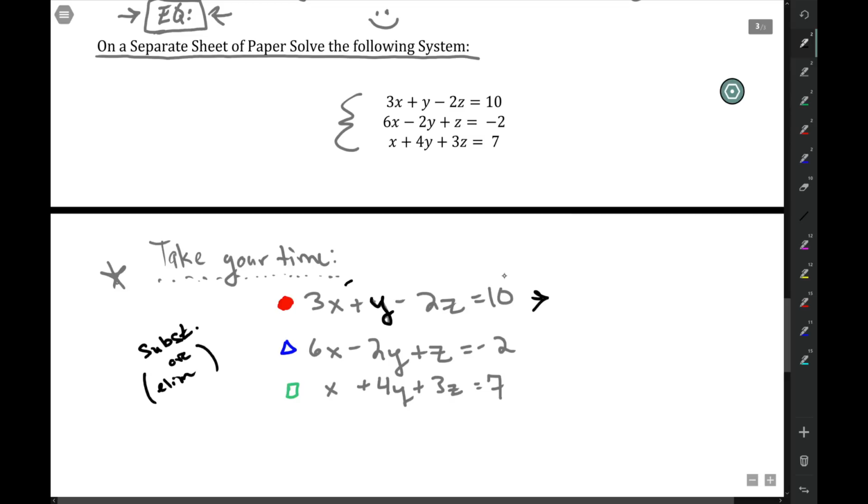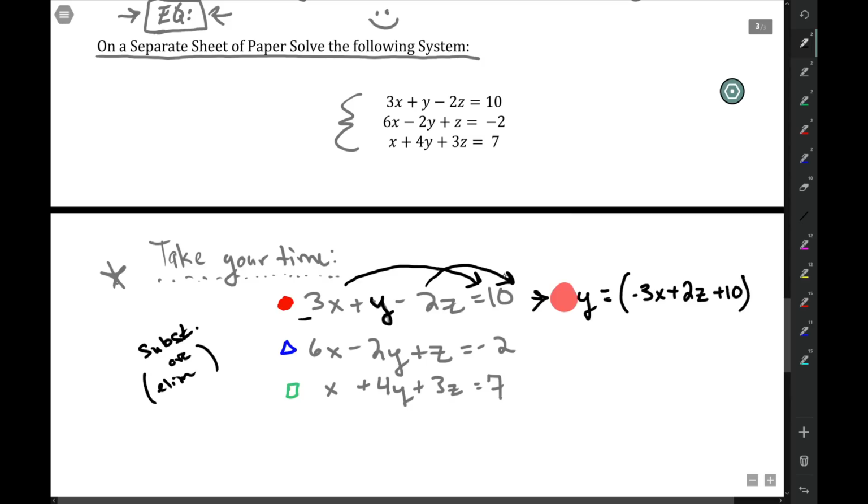So I'm going to move 3x to the other side and negative 2z to the other side. And from circle, I'm going to have that y is really equal to minus 3x plus 2z plus 10.